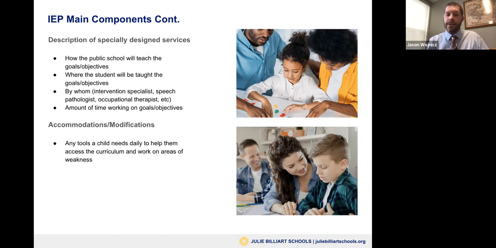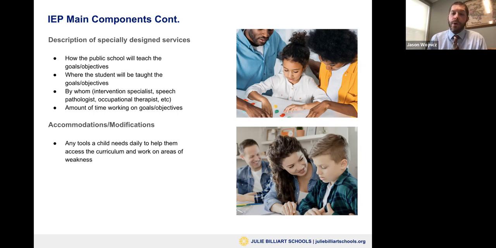The next question is, where? Where is the child going to be working on this goal? Is it going to be the general education classroom? Is it going to be a resource room? In that section, we're now identifying where they are going to be working on this goal. Is it most appropriate for them to be working on it in a gen ed classroom? Is it most appropriate for them to be working on it in the resource room in more of a one-on-one setting or a small group setting with their intervention specialist?